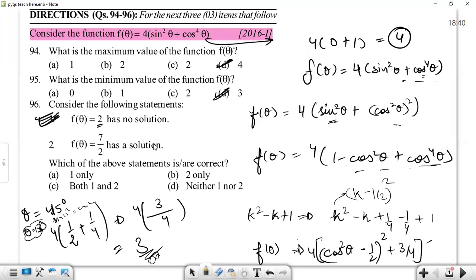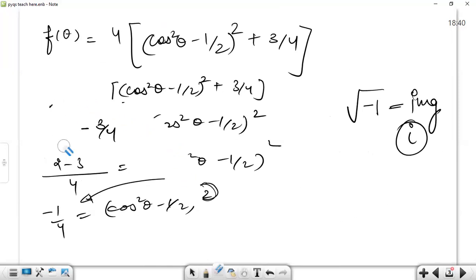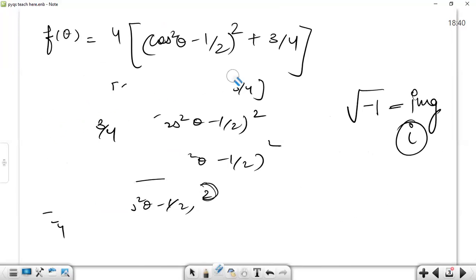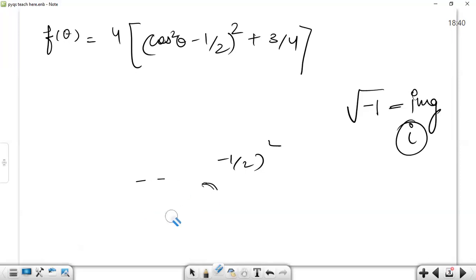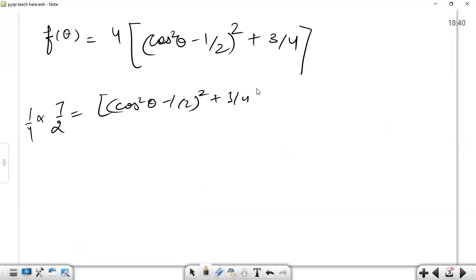Let's see the second statement. That is given as 7 by 2. Four, let's bring 4 down here. Then cos square theta minus half whole square plus 3 by 4.